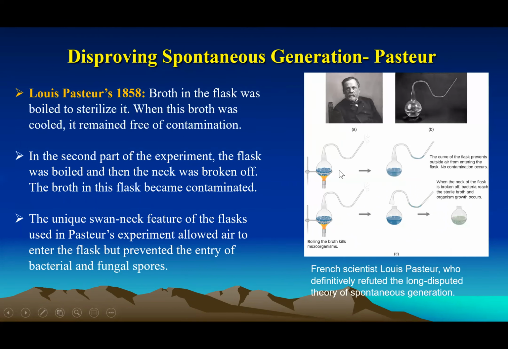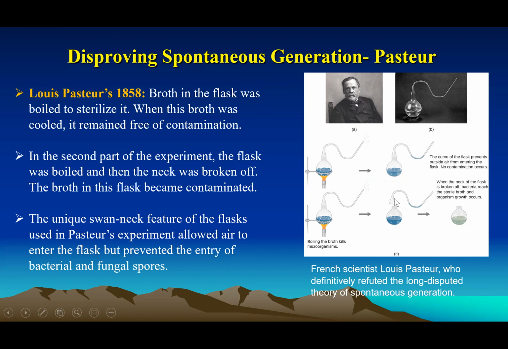He has a special flask. He takes a broth, and this flask has a swan neck. When the broth is cooled, it still remained free of contamination, because all the bacteria in the air and other microbes settled in the curve of the flask, and it did not reach the broth.